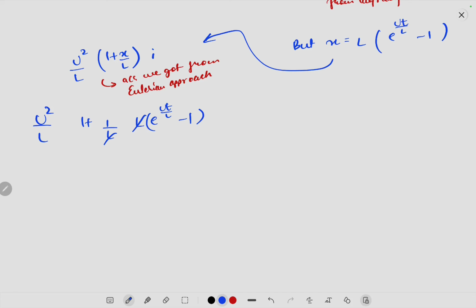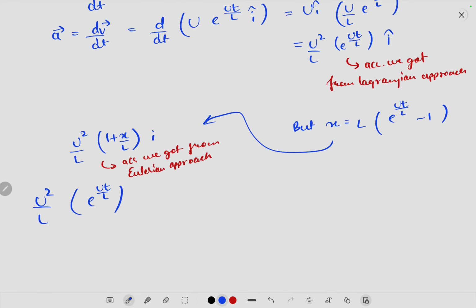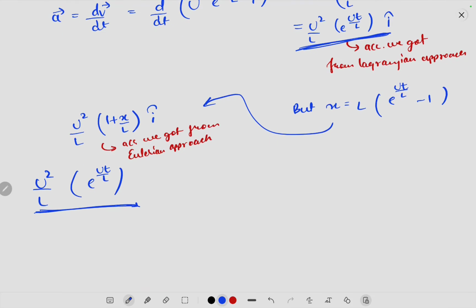L gets cancelled out with L, so we are left with this thing. 1 gets cancelled out with 1, so we only get e to the power ut by L. And we can see that this expression and this expression are the same. This is u square by L e to the ut by L, this is u square by L e to the ut by L. The magnitudes are the same, and also the vectors, right?